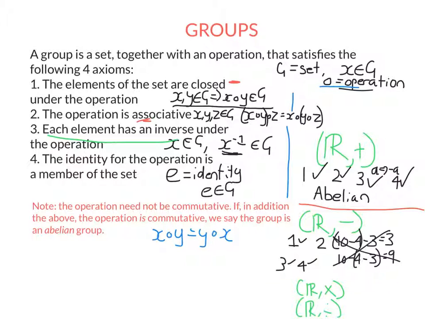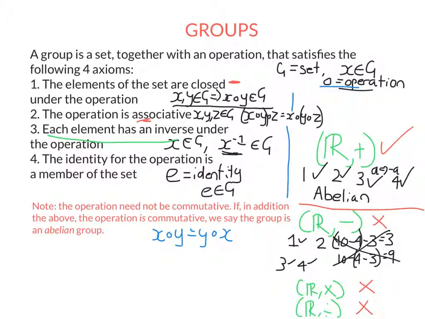And for each element having an inverse under the operation, again, 0 presents a challenging case. You can't divide 0 by a number to get 1, because 1 is the identity for division. So the real numbers do not form a group under subtraction, multiplication, or division, but they do form a group under addition.